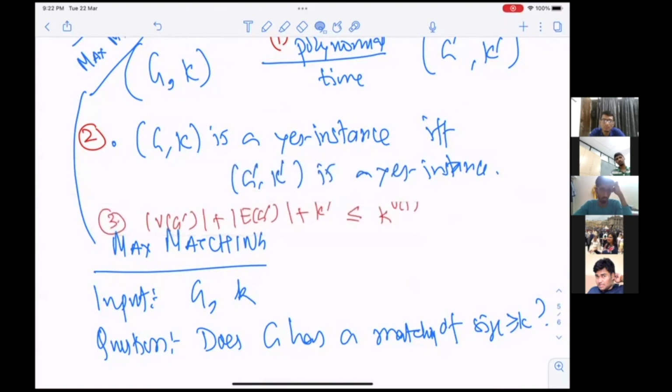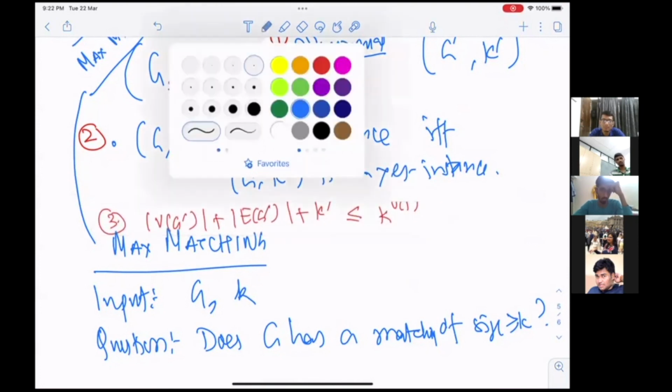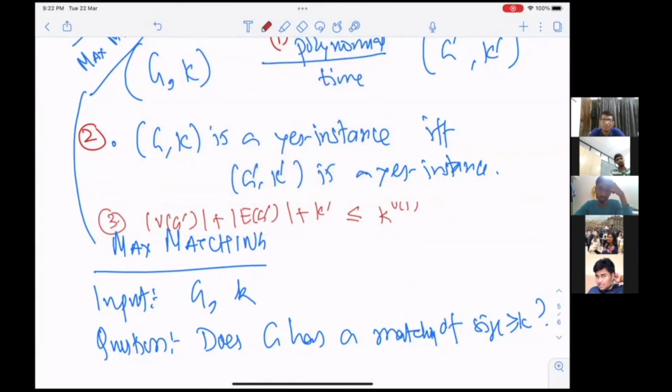You are not allowed to cheat me, no? So I also want this property. Otherwise, you can just return me G comma K and say, hey, all is well. No, I don't want you to do that. This is just a conceptual thing which I want you to understand.